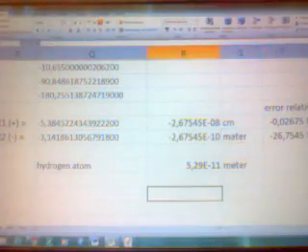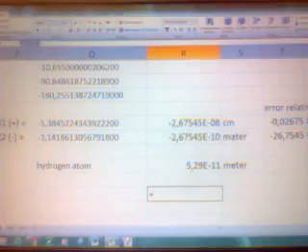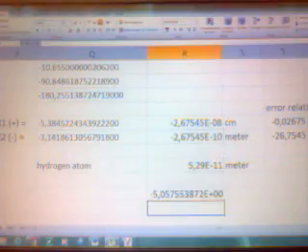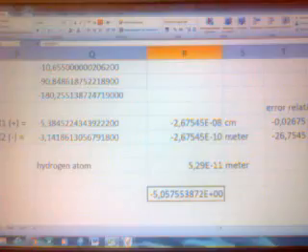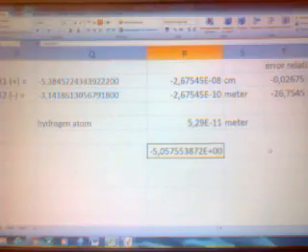So I have an approximation of plus this divided by the dimension of the atom. I have an approximation in meters of approximately 5 hydrogen atoms. So if you put 5 hydrogen atoms next to each other, then I have the relative error to 0 of 5 hydrogen atoms.